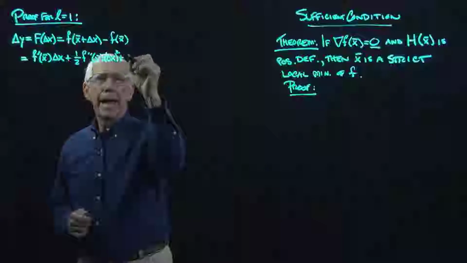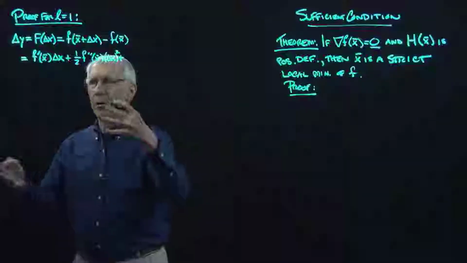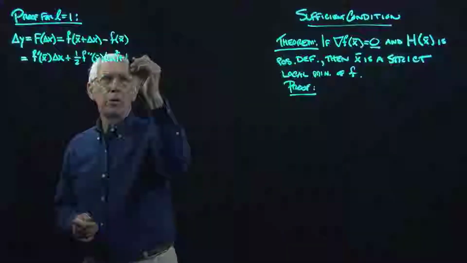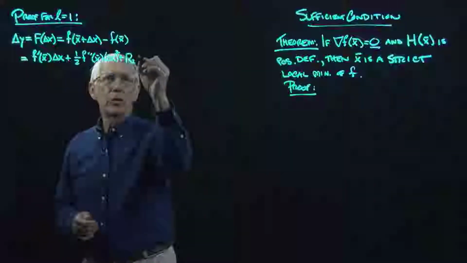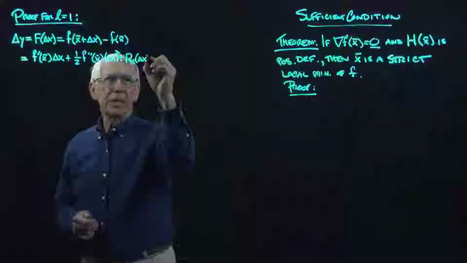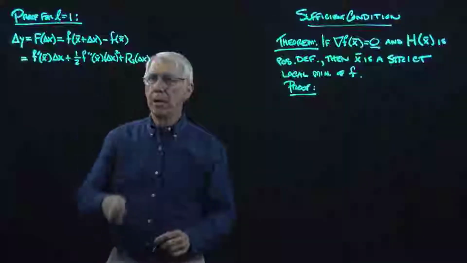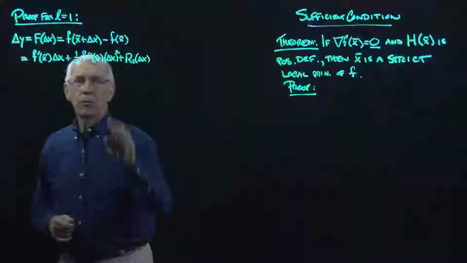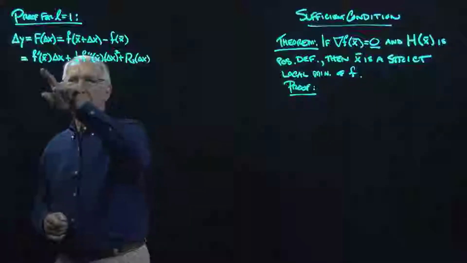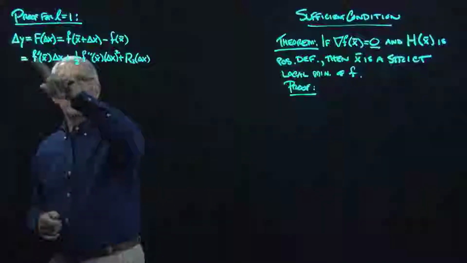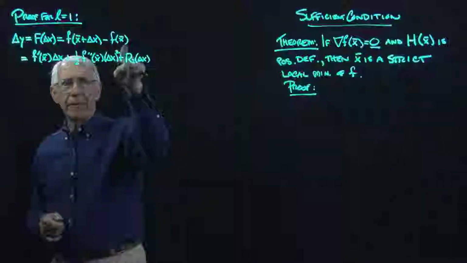plus a remainder term or error term, which will be R2 of delta x, R2 because it's the remainder term for the second degree polynomial. And of course, notice I've left out the 0 degree term because that's over on the left-hand side, f of x bar.